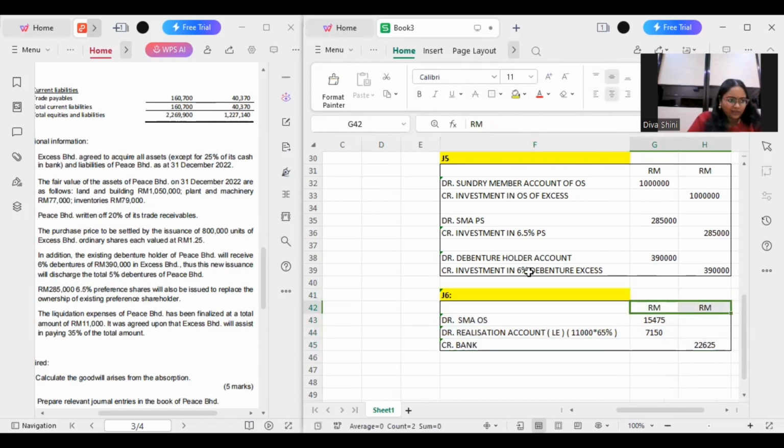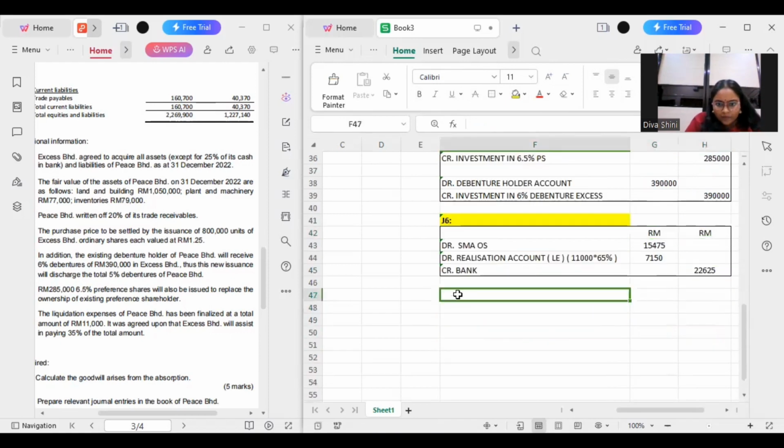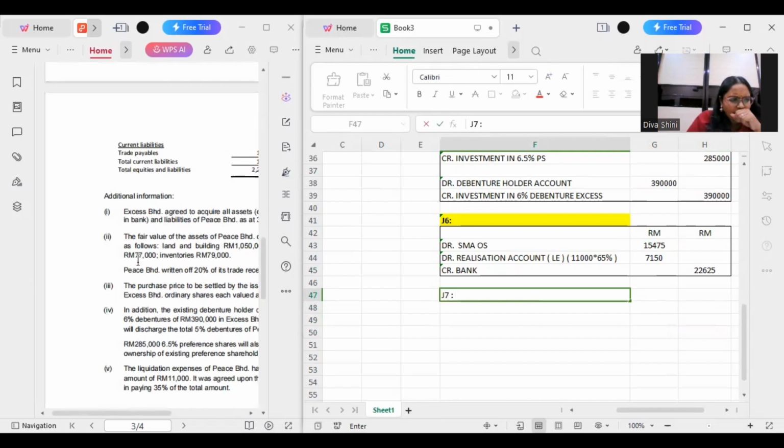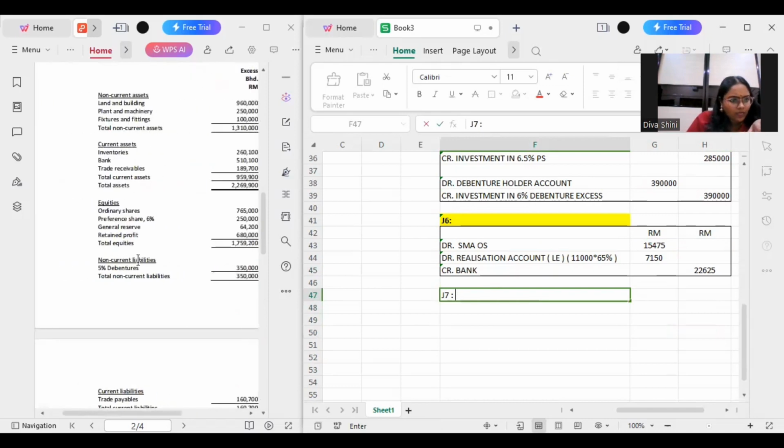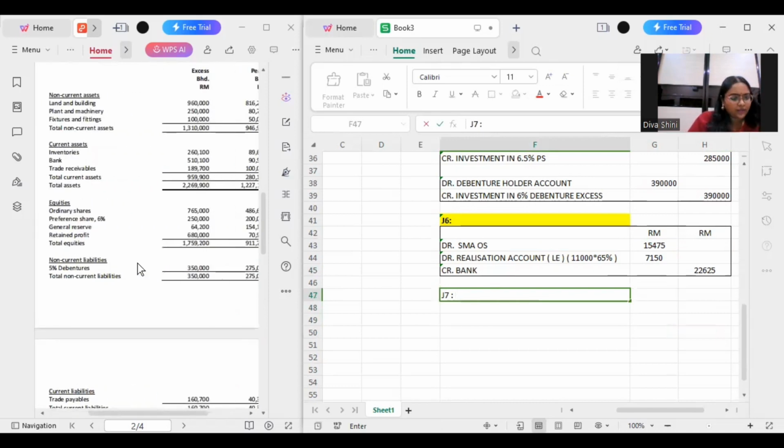Now journal 7. Journal 7 is we need to carry out all the preference share, general reserve, retained profit, ordinary shares, and also debentures.